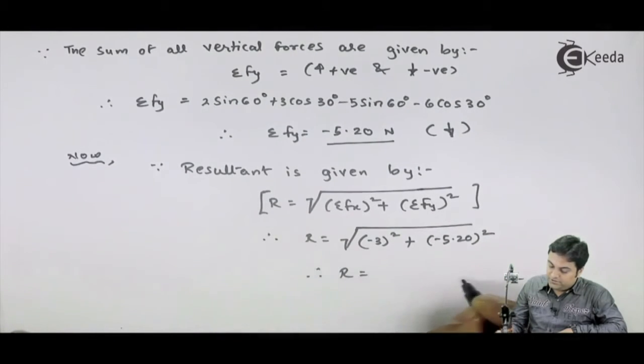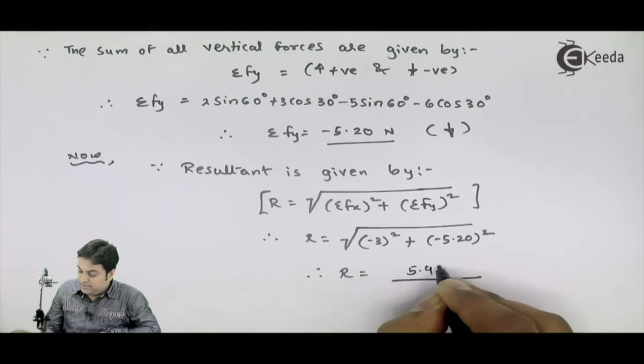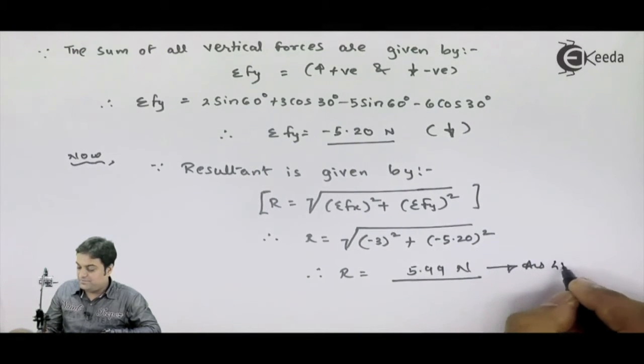If I calculate the resultant, I get 5.99 Newton, almost close to 6. That's my first answer. After I found the resultant, I can also show its location.